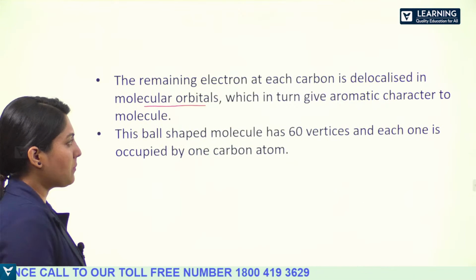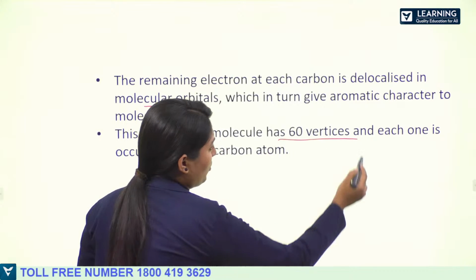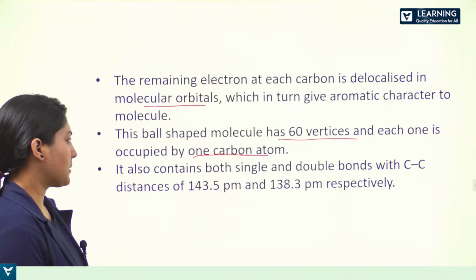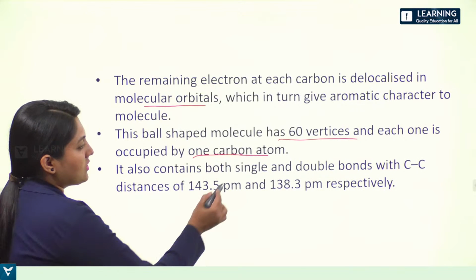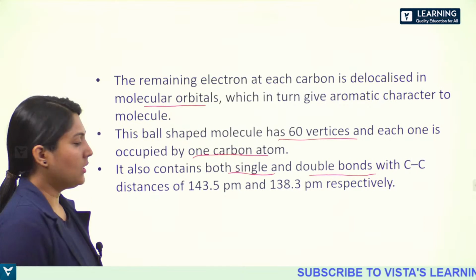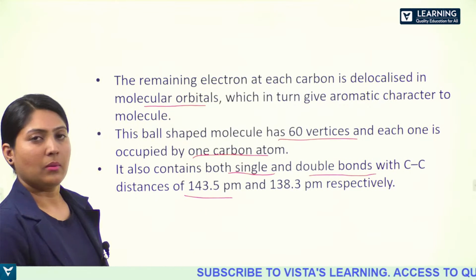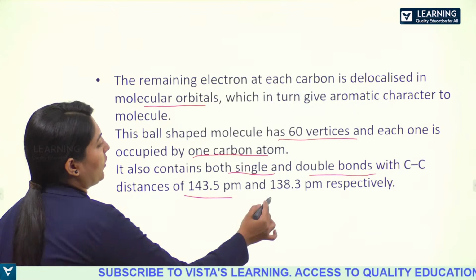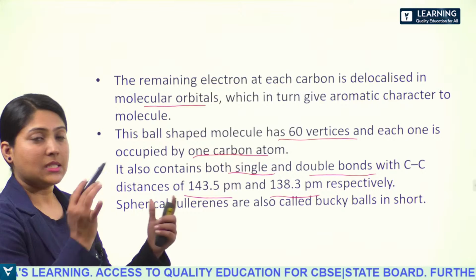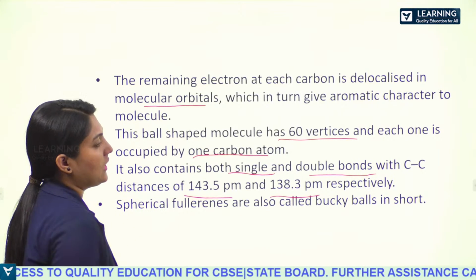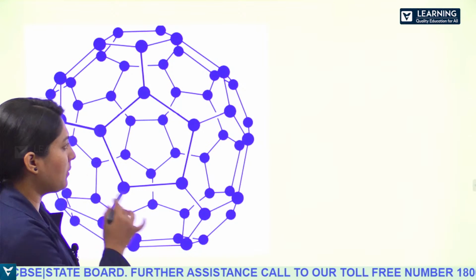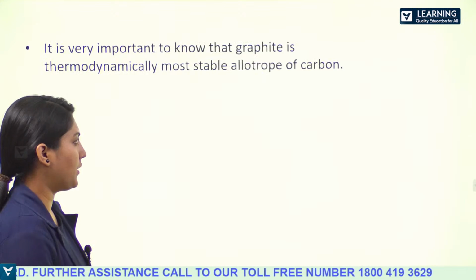The ball-shaped molecule has 60 vertices and each one is occupied by 1 carbon atom. It also contains both single and double carbon-carbon bonds with distances 143.5 picometer and 138.5 picometer respectively. These spherical fullerenes are also called buckyballs in short. So this is the buckyball structure of fullerene.